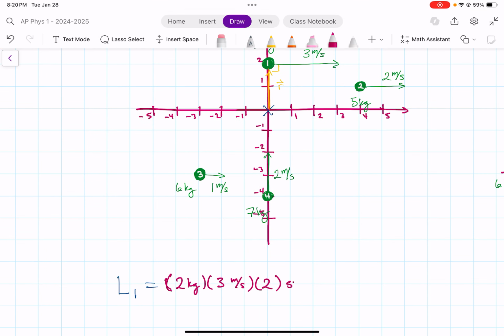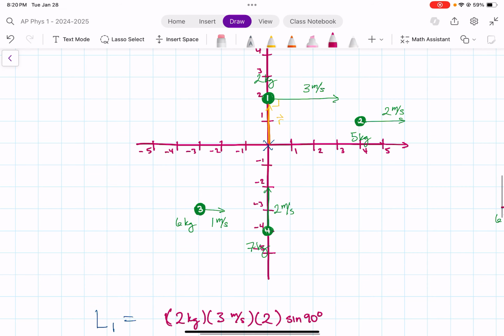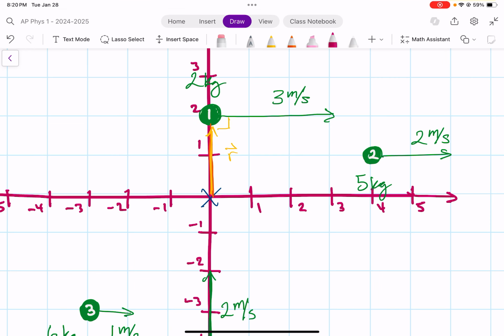And one thing, since this is the first time we've really been calculating with this, there's another thing you have to incorporate yourself, which is the direction of the vector. So if I do the right-hand rule for this example, my angular momentum should be negative. If you take your right hand right now, put your fingers along the r vector and curl them in the direction of your velocity, your thumb should be pointing into the screen.